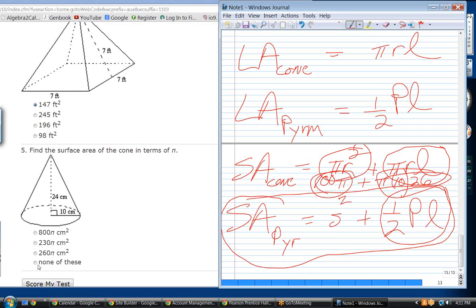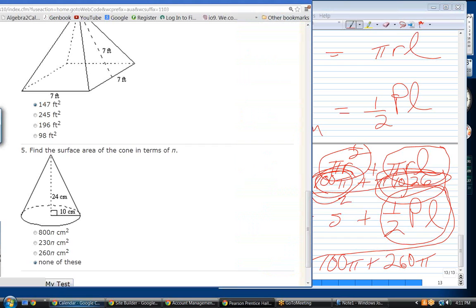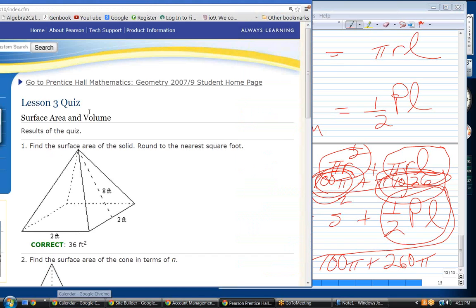I guess none of these. In other words, I have 100 pi for the area of the base, plus I have pi times 10 times 26, so that's 260 pi. So I have 100 pi plus 260 pi. That answer is not on there.